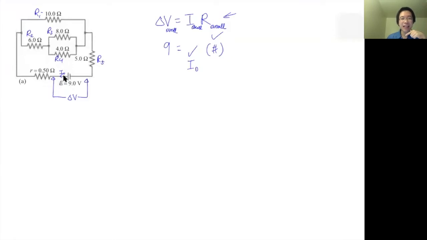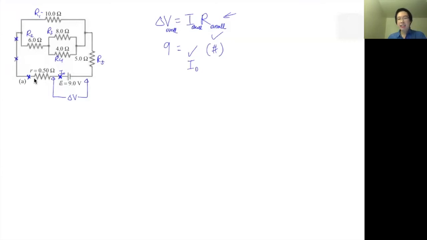All right, so now that I know the current at the point leaving the battery, remember current is always at a point. The potential difference is across two points. What is the current, for example, here after the resistor, or here? I'm going to claim that as long as it's in the same branch, the current will be the same.